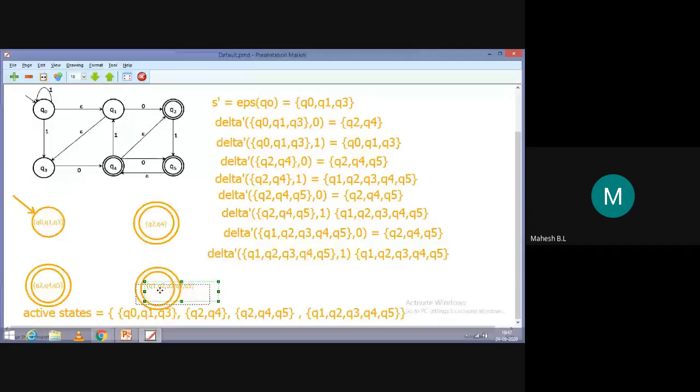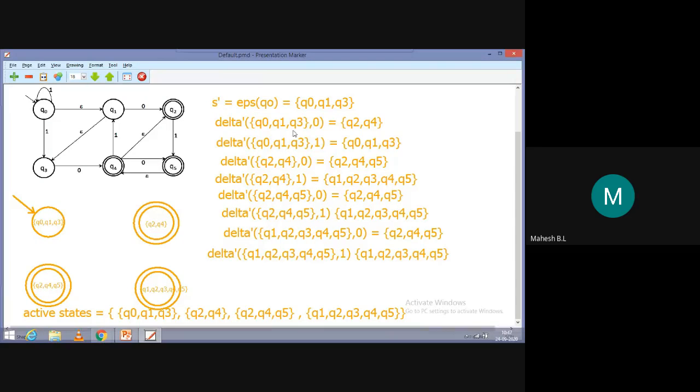So these are the states of DFSM. Now we need to complete the transitions. You can give some other names also. You can substitute for this. You can use A, B, C, D, like that.